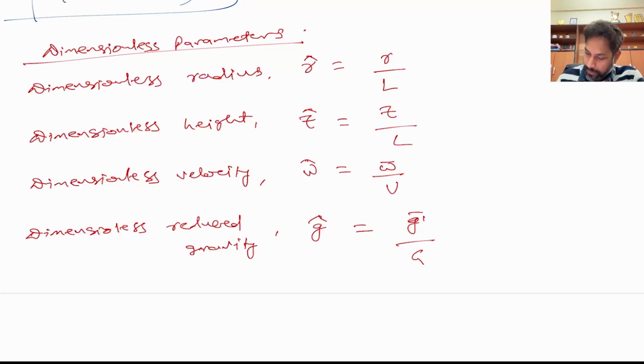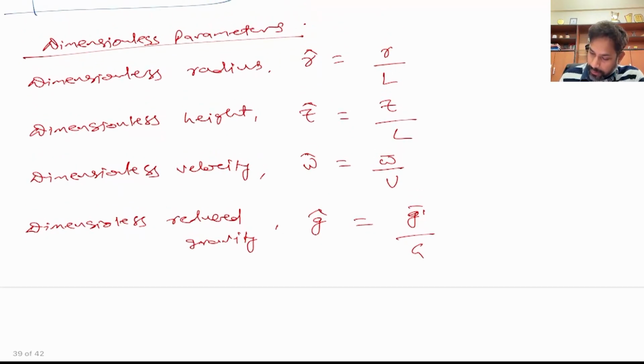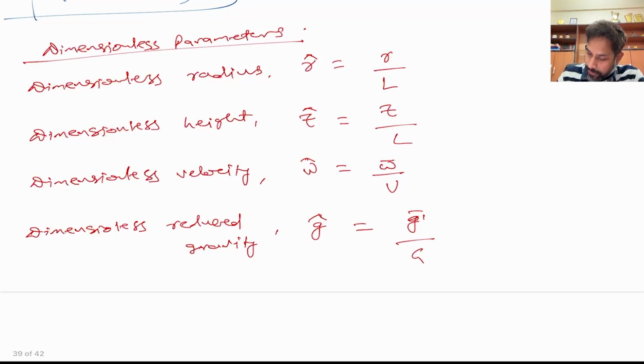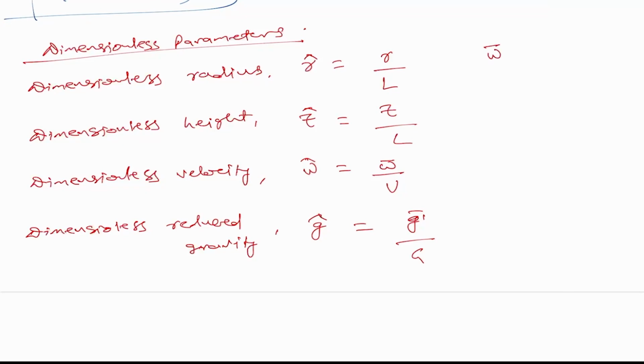Here we are talking about radius, so I think I need to use capital R so that we are not confused. So w bar is a function of z, R is a function of z, and g prime bar is also a function of z.